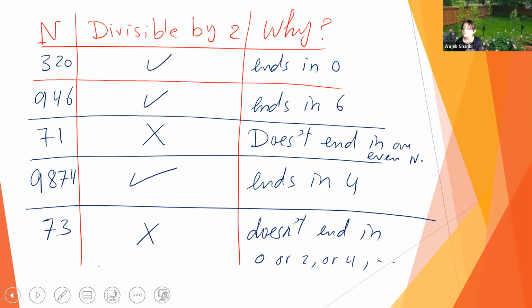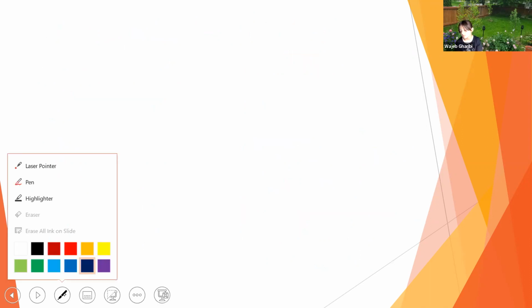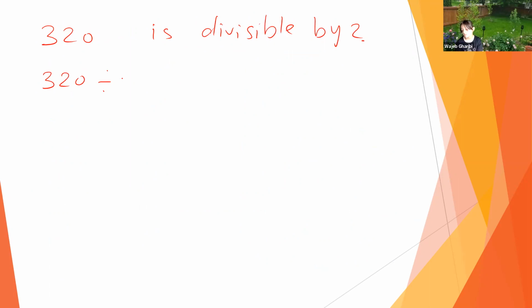Let us go here again with 320. I'm going to add something. You say 320 is divisible by 2, which means 2 is a divisor. So we can write 320 divided by 2, and we should have an integer. How can we perform the division? 3 divided by 2 is 1, and we still have 1. 12 divided by 2 is 6, and we put 0. So 320 divided by 2 equals 160.